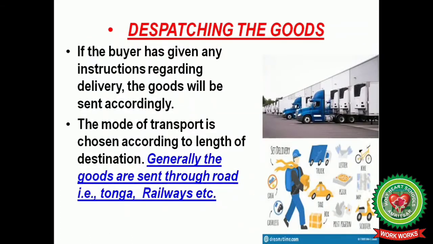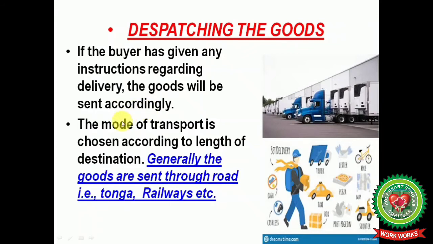Then the next one is dispatching of goods. Means now the goods are dispatched and sent to the buyer. So if the buyer has given any instructions regarding delivery, the goods will be sent accordingly.